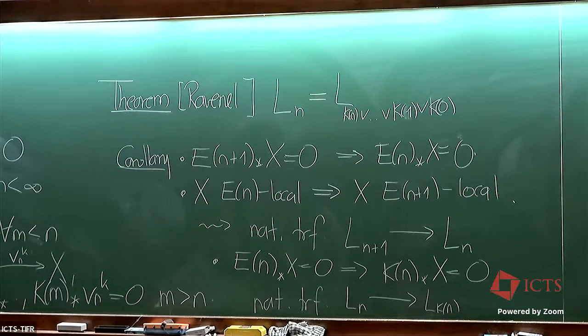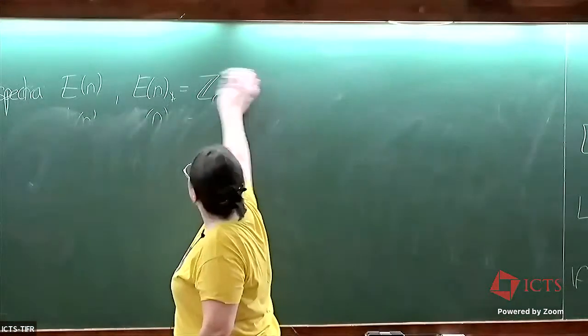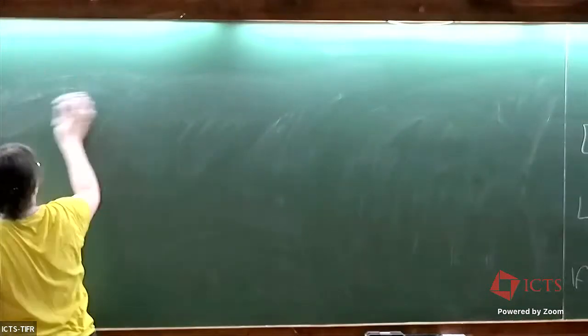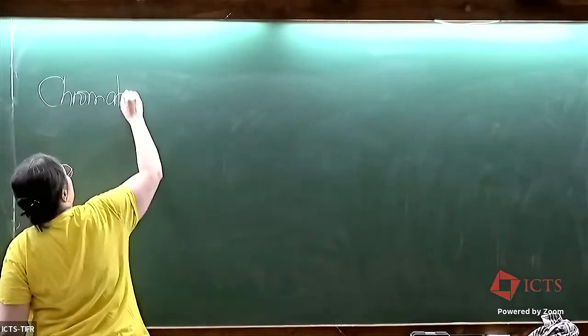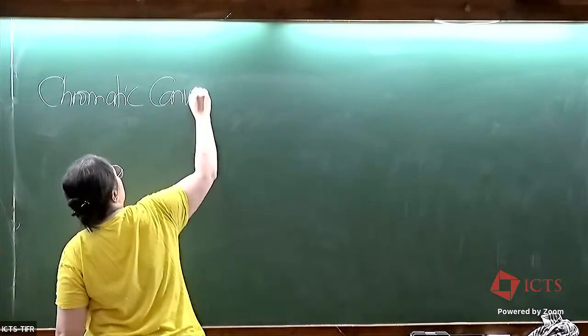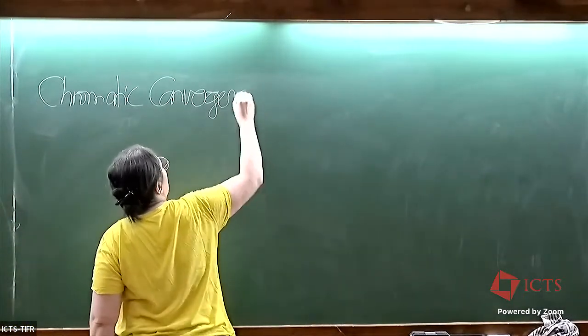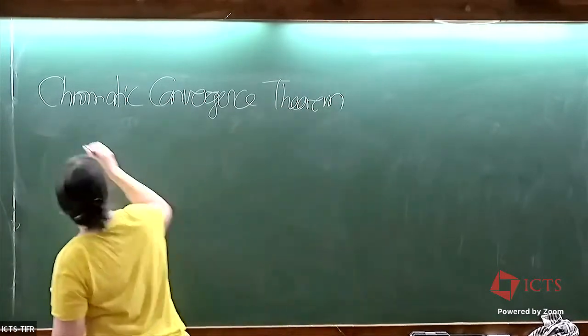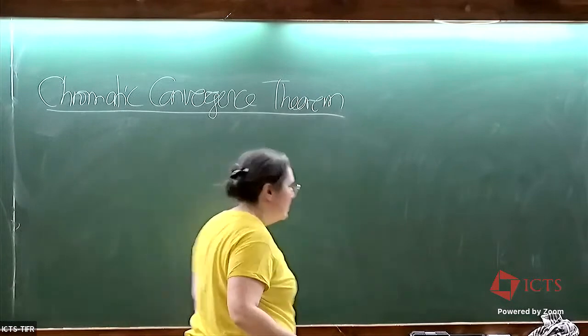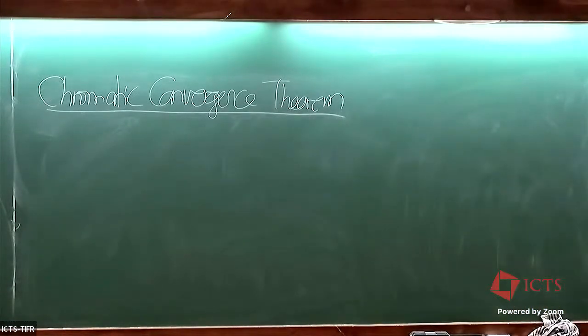And that is really where I think the absolute jewel in the crown of chromatic homotopy theory comes in. I mean, there's many jewels, but one of the best, the chromatic convergence theorem. So good that it will now need a new piece of chalk.